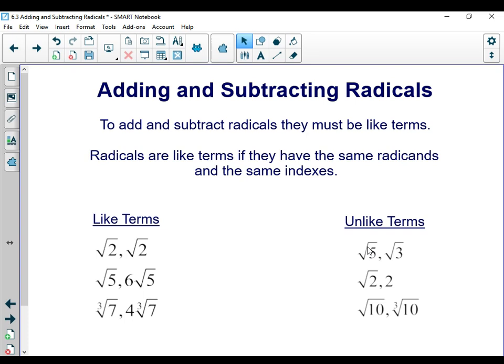To add and subtract radicals, it's almost like combining like terms. They have to have the same radicand and the same index. Okay? Same radicand and same index. There's some examples of the ones you would combine, the like terms, and ones you would not combine.